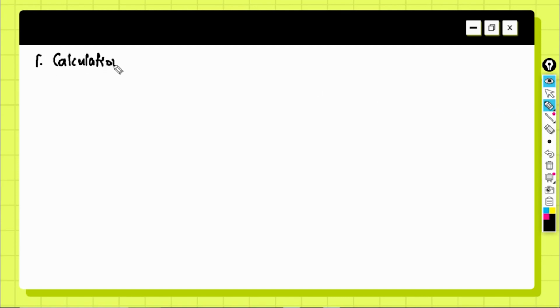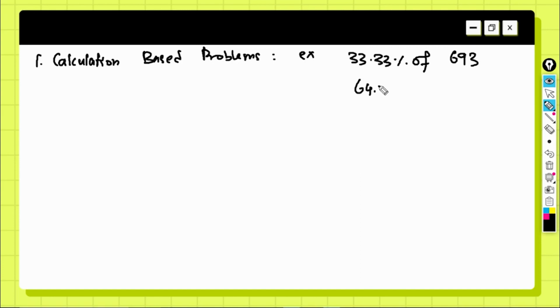Calculation based problems. Example, as I told you, 33.33 percentage of, let's say, 693, and 64.28 percentage of, let's say, 770, and 45 percentage of 900.